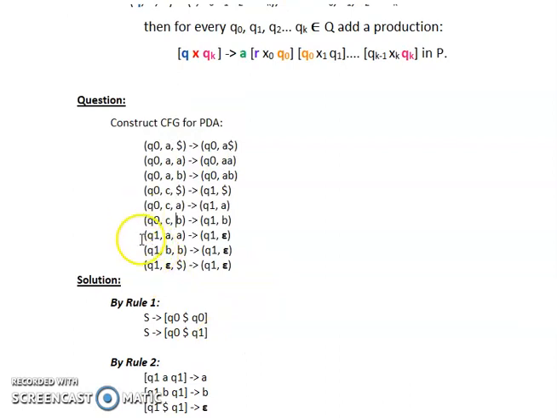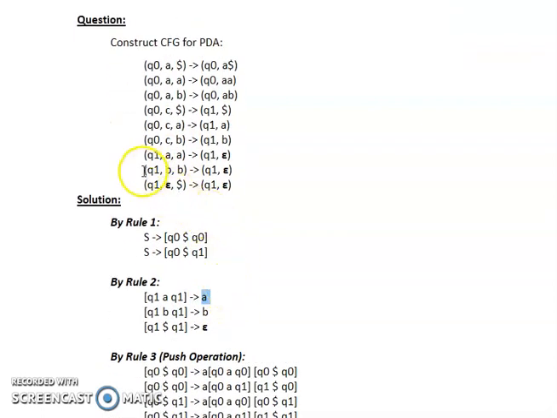If we check this particular production, Q1 is copied as it is. Then the symbol A that is on the top of the stack is copied as it is. And then the state R, Q1, is copied over here, and then the input symbol A is on the right hand side of the production. Now for the second transition rule, Q1 is copied as it is.